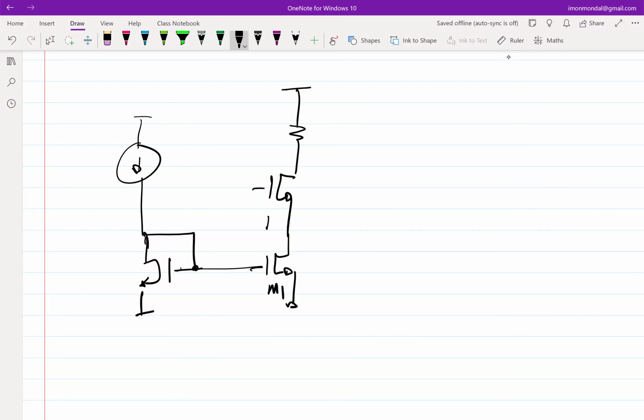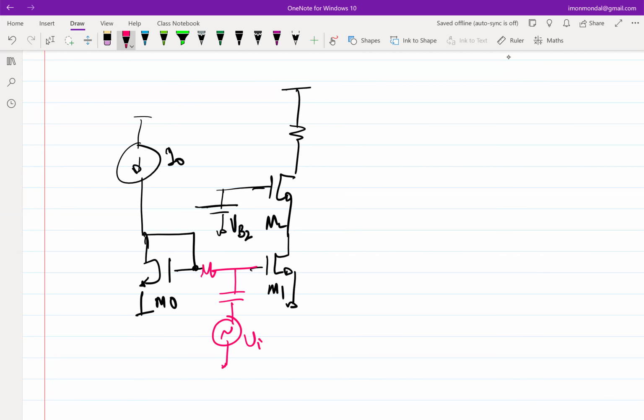This is M1, M2. Let me call this M0. And obviously M2 also needs to be at some voltage. Let me call this VB2. Now if you have to couple the input, you can always couple the input like this.